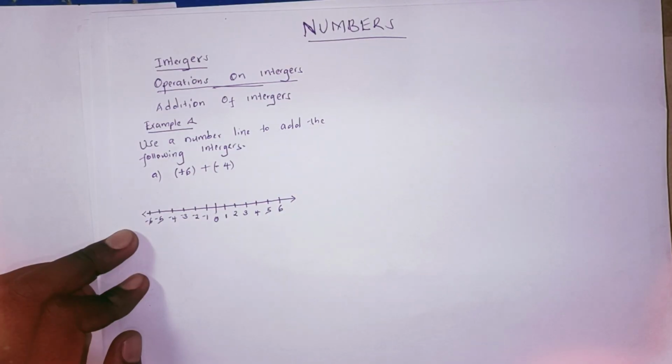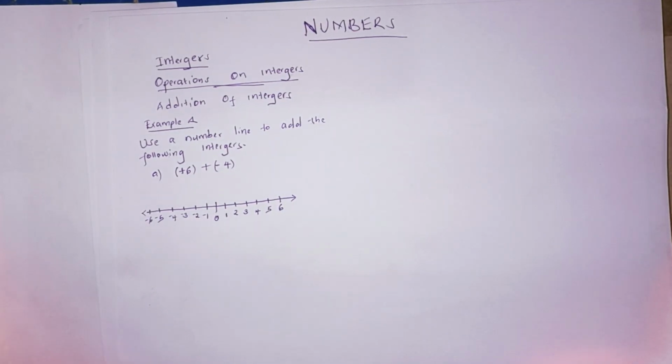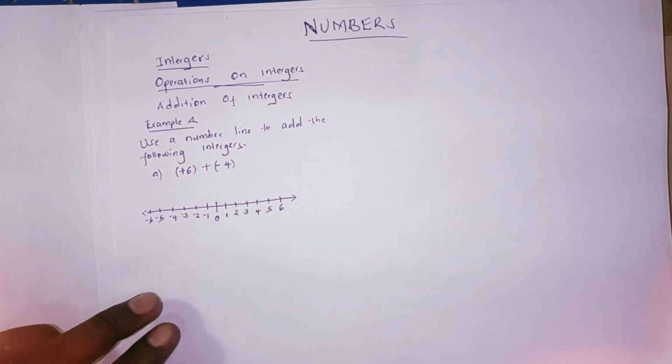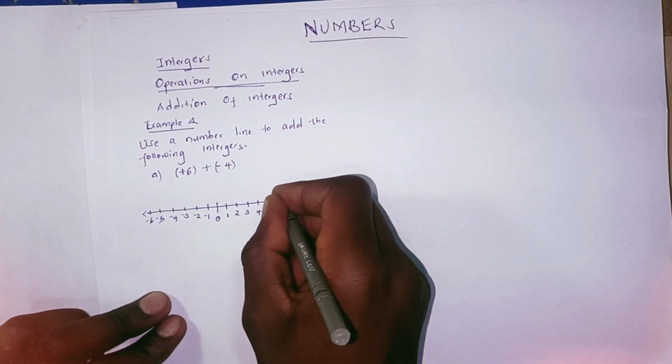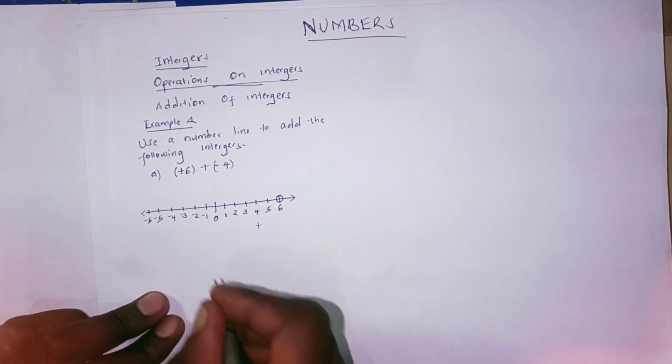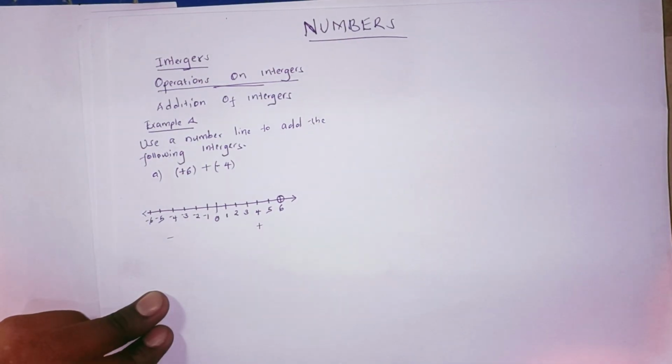Now, when I have a positive 6 and negative 4, what should I do on this number line? I'll stand at positive 6. Remember, this side is the positives and this side is the negatives.